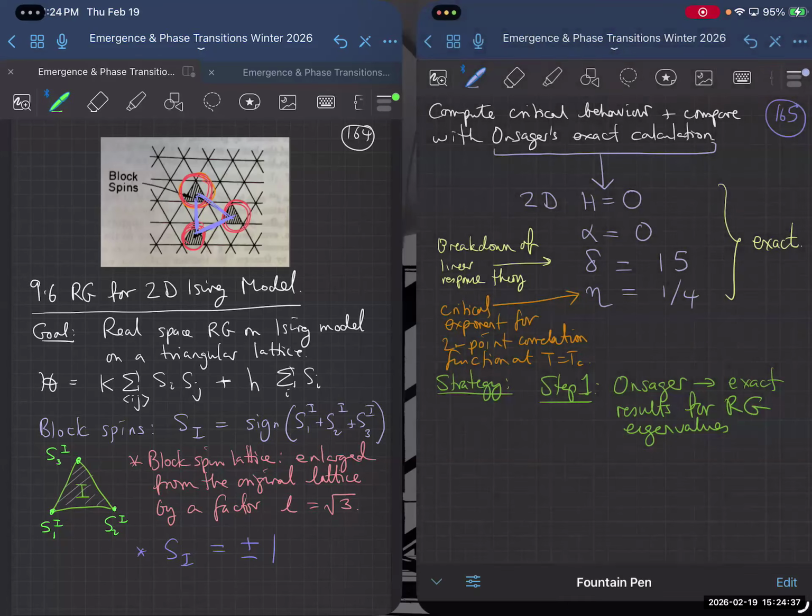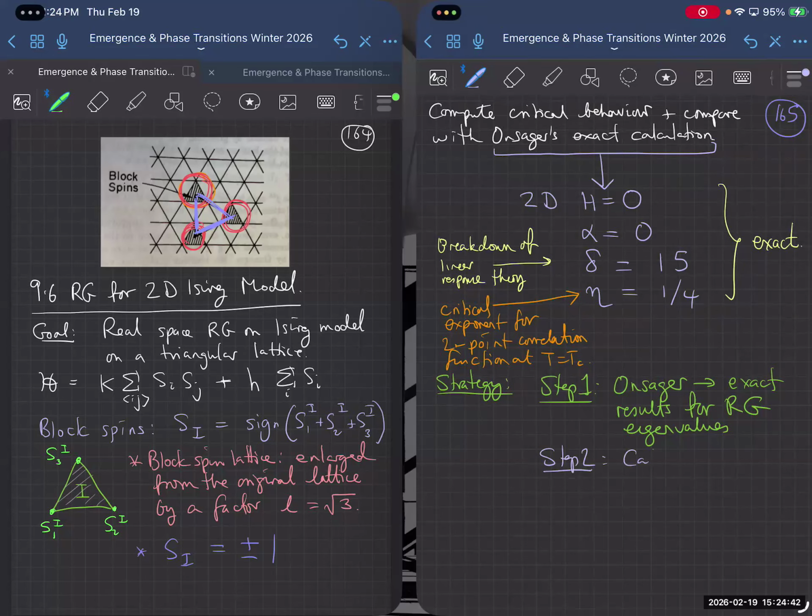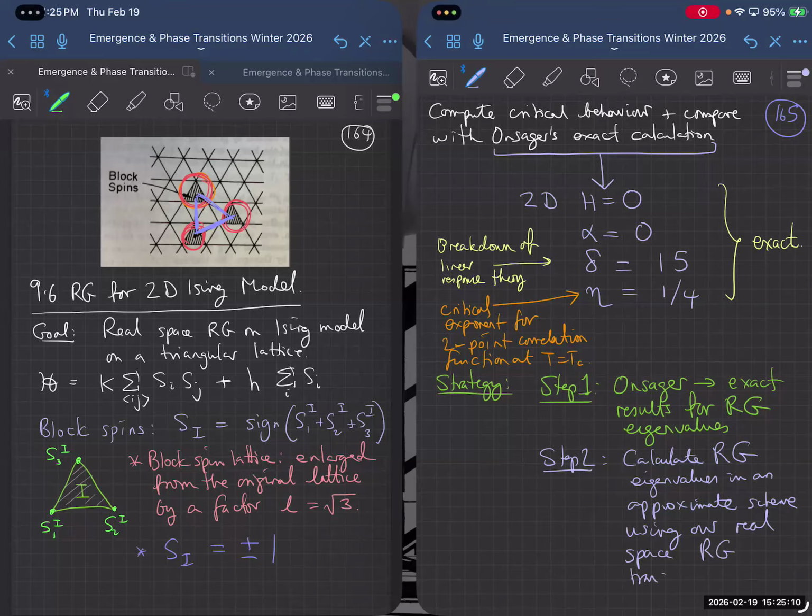And then step two, I'm going to calculate the RG eigenvalues in an approximate scheme using our real space renormalization group transformation. So that's the process that we're going to do.